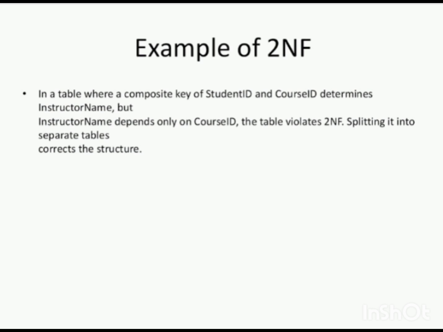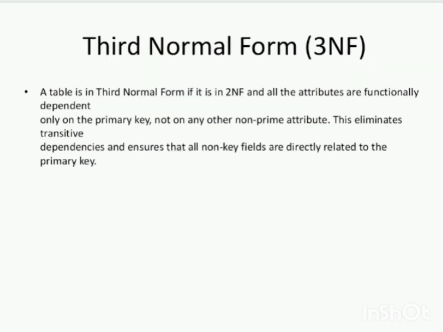Next, third normal form. A table is in third normal form if it is in second normal form and its attributes are functionally dependent only on the primary key, not on other non-prime attributes. It eliminates transitive dependency and ensures non-key fields are directly related to the primary key.